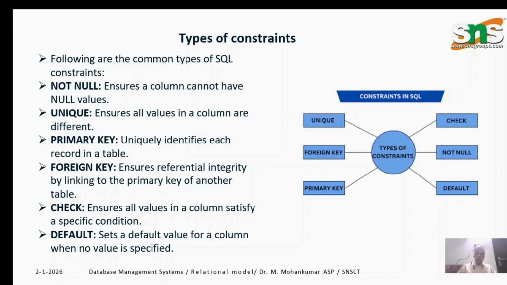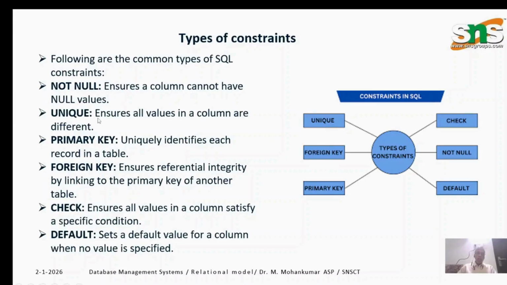If the user skips the phone number, then as a developer we have to give instructions to the user: you don't omit that particular column, you have to give some value. We take care of that validation and instruct the user to enter the phone number. So that is called a not null constraint.